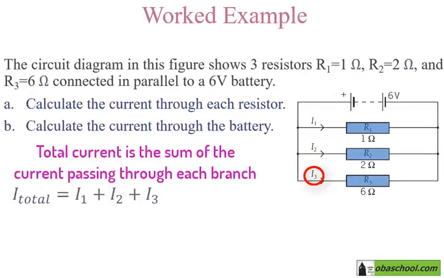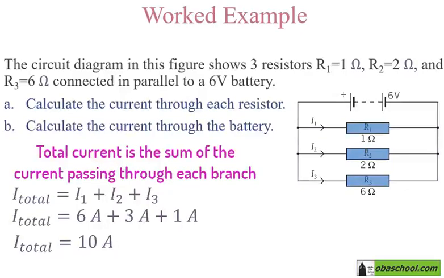And these currents were calculated in the previous part, so the total current is equal to 6 amperes plus 3 amperes plus 1 ampere gives an answer of 10 amperes. So the total current from the battery is equal to 10 amperes.